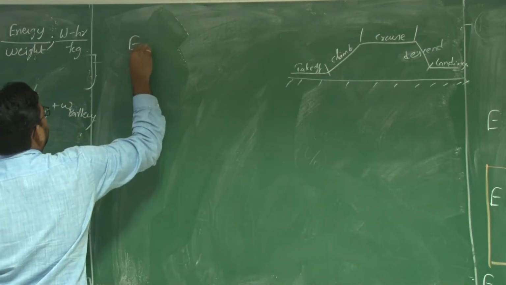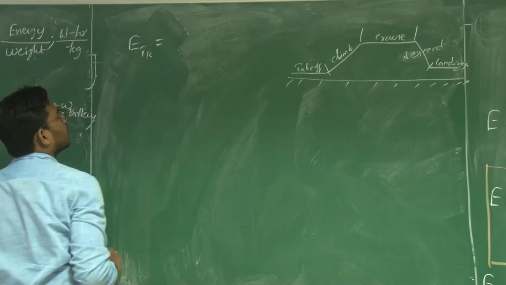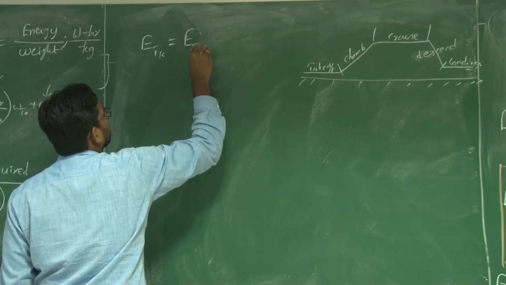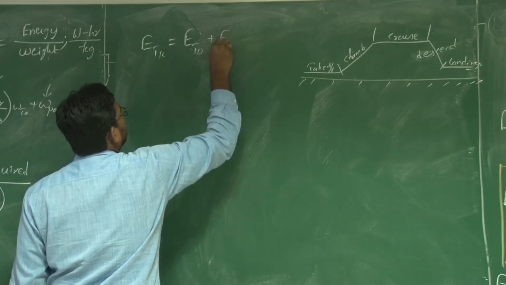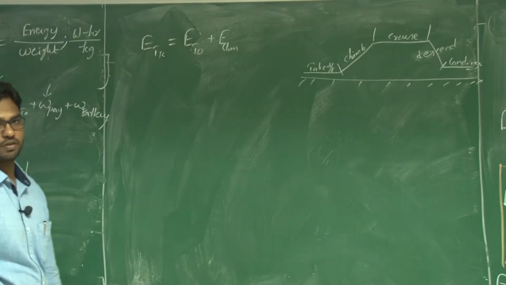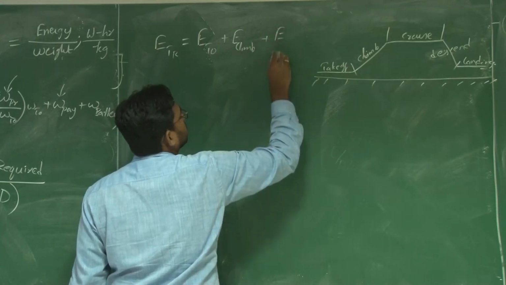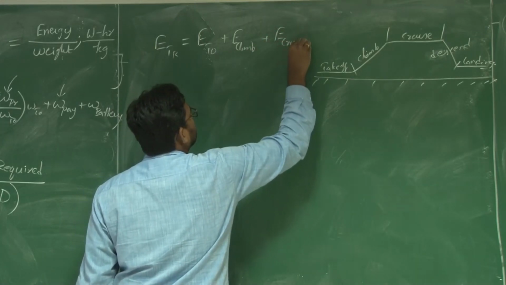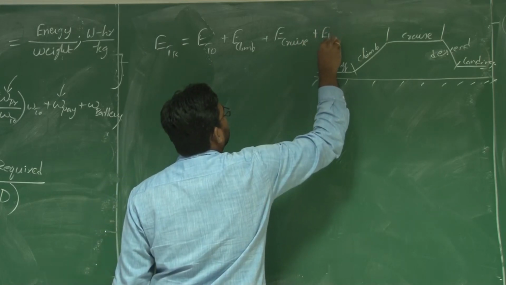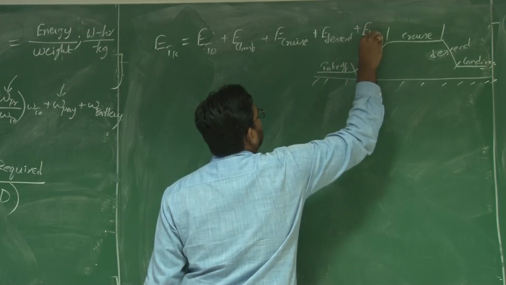So the total energy required, E_T, is equal to energy for takeoff plus energy for climb plus energy for cruise plus energy for descent and energy for landing. It's a summation of energy for this entire phase, right?